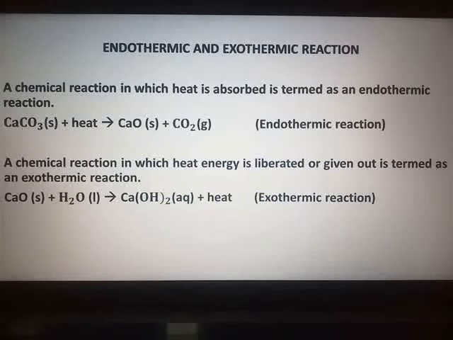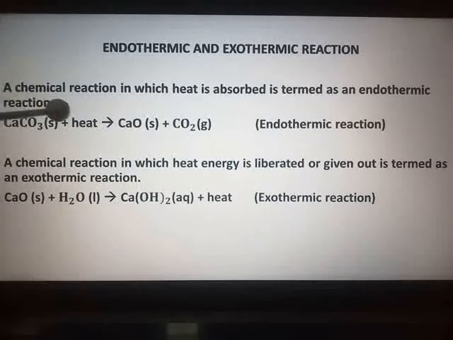Now how to identify the difference? If they give you a reaction and they tell you to identify the type of reaction. Now here this reaction can be an example of endothermic, it can be an example of decomposition. Both are correct, so both logically they have to give you marks. But suppose they ask you specifically to identify whether it is endothermic or exothermic. How will you identify?